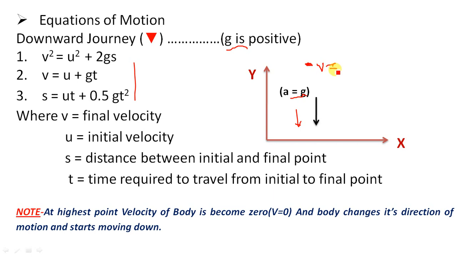Velocity at the highest point is always equal to 0. At the highest point, velocity of the body becomes 0, and the body changes its direction of motion and starts moving downward. I think this point is clear to you now.